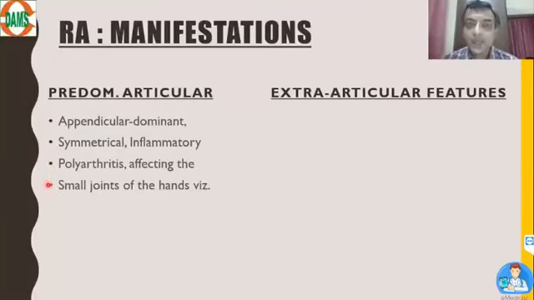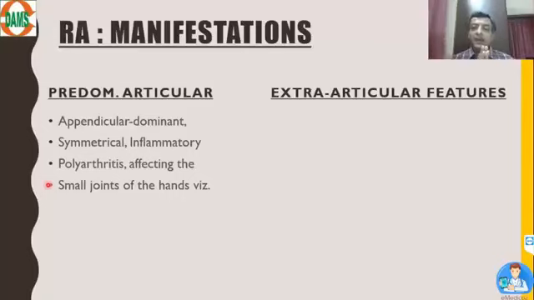In our approach table, whenever a patient comes with arthritis, we first divide whether it is degenerative or inflammatory. Degenerative arthritis we exclude. If it is inflammatory arthritis, you count the number of joints affected. If the number of joints is greater than or equal to 5, you label it as polyarthritis.